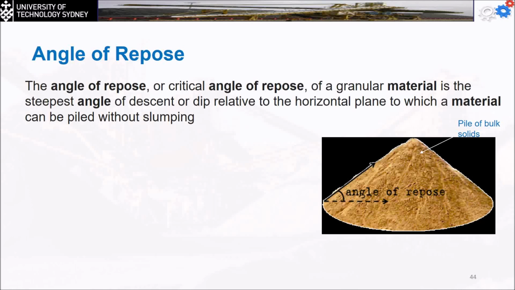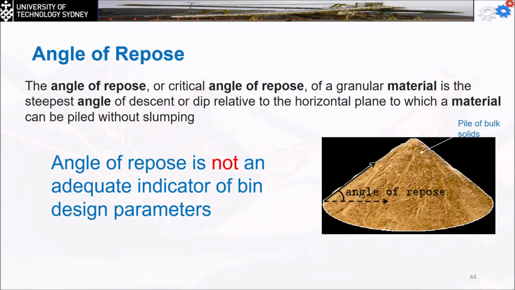The angle of repose is not an adequate indicator of the bin discharge parameters. It was good for selecting whether we can use a bin or not, but it's not going to be used in any calculation of the discharge parameters.